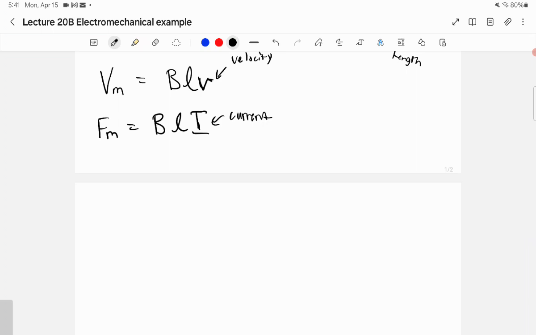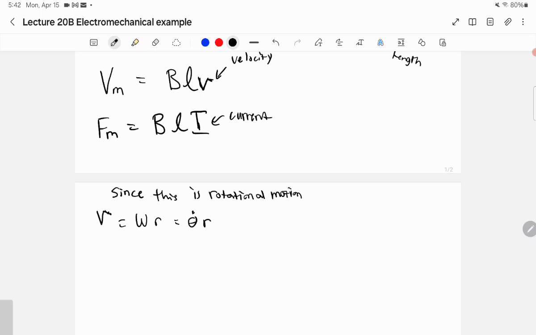And I'm going to use one more fact. Since this is rotational motion, v is going to be equal to omega times r, which is equal to theta dot times r. Okay?